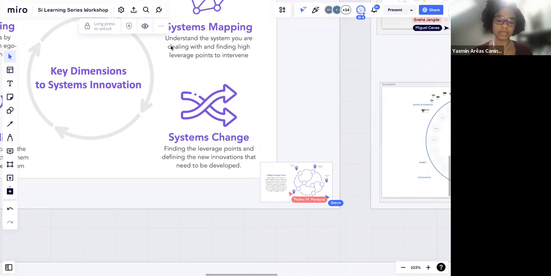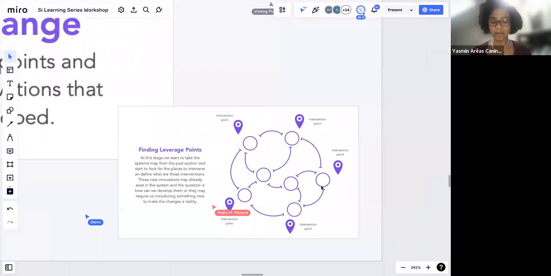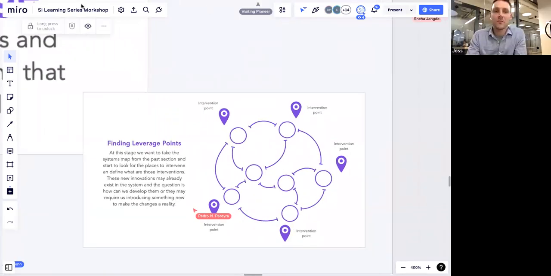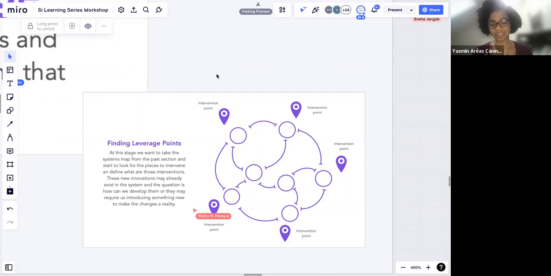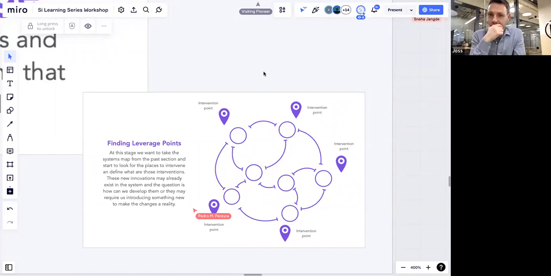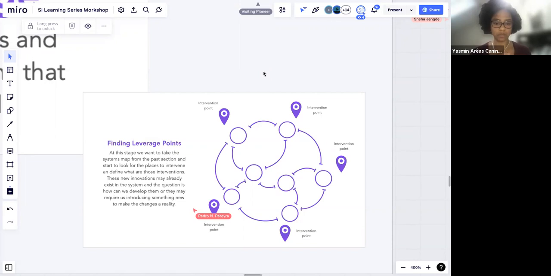And those are the leverage points, right? Because normally there's not an endless amount of resources, right? We don't have endless money or time or people to actually deal with these challenges. So the leverage points are very important ways for us to identify the best places to intervene, and then develop or bring about new innovations in the context of the challenge that we're talking about.